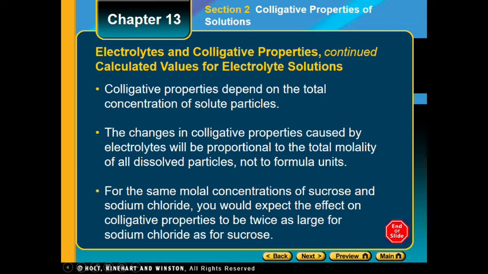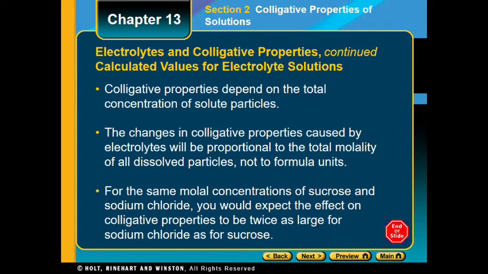So your colligative properties do depend on the total concentration of solute particles, and the changes to these properties caused by the electrolytes will be proportional to the total molality of all dissolved particles. So it is proportional to the total molality.